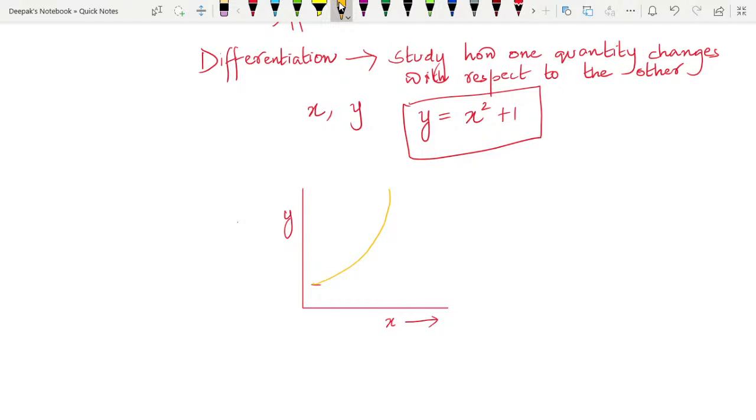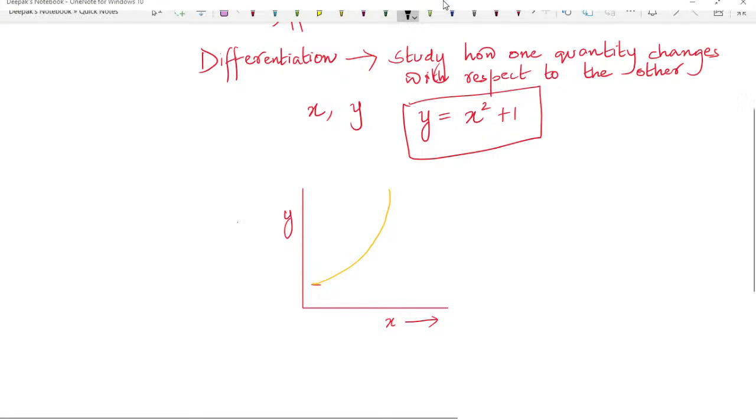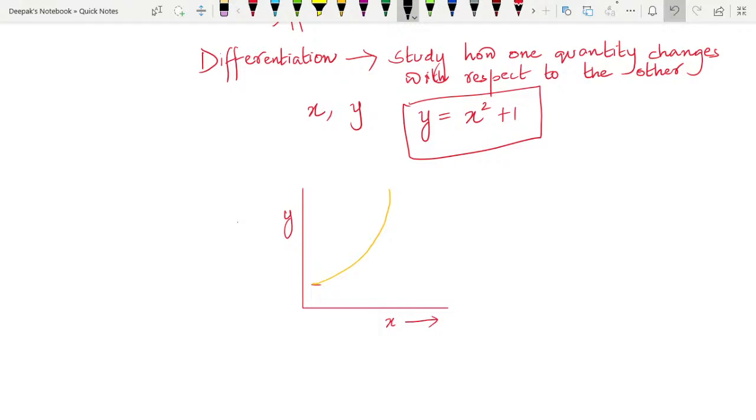This is the graph that I will get maybe. For now, just try to understand. So this type of graph I'll get, if I draw this mathematical formula.